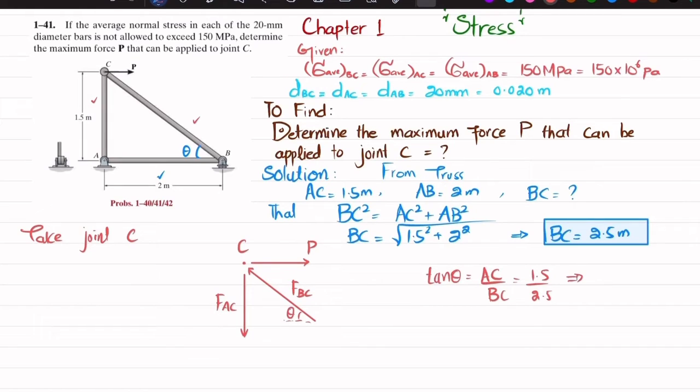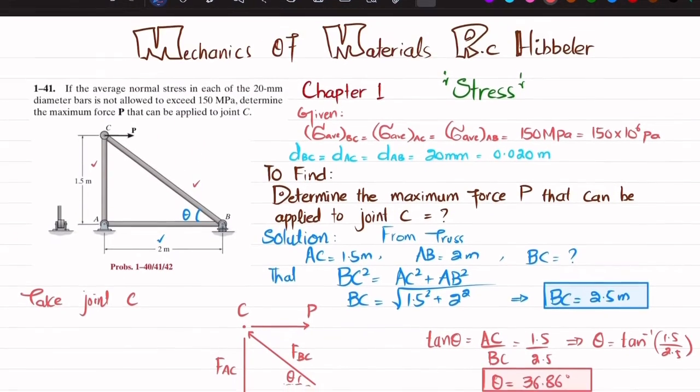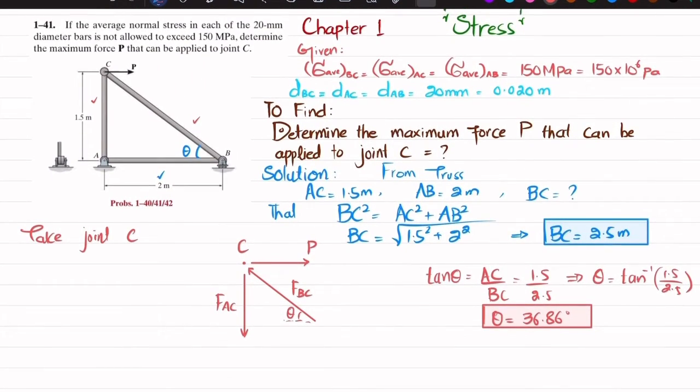So theta is equal to tangent inverse of 1.5 divided by 2.5, and when you calculate it, you will get theta equal to 36.86 degree.